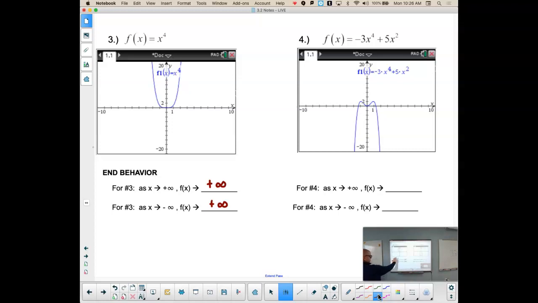So as x goes to positive infinity, f of x is going to positive infinity. As x goes to negative infinity, f of x is also going to positive infinity. Both sides over here are going to negative infinity because they're both going down. Okay?